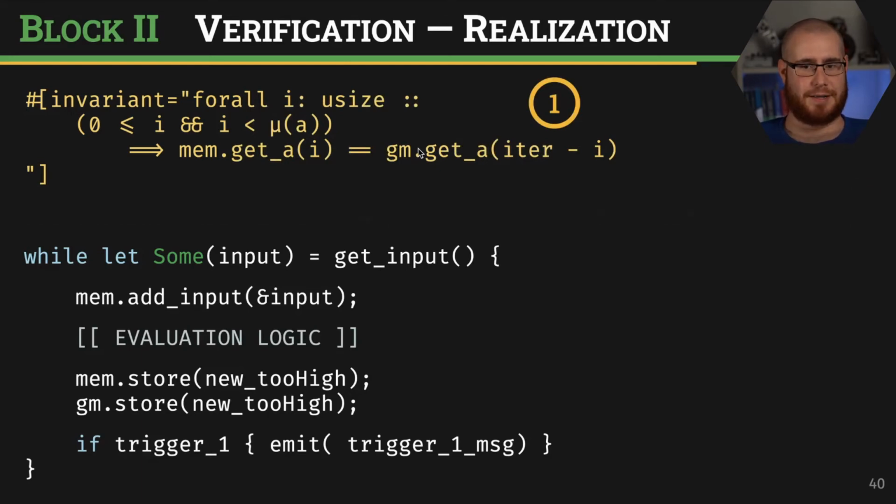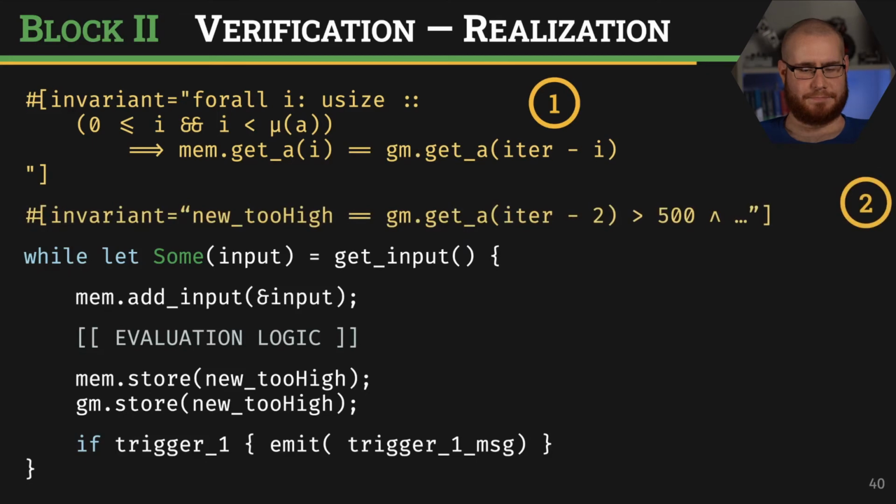And the second part is this invariant here, where we say if we compute a new value for the toHigh stream, then this value here is computed based on the Rust memory. So this is the actual value we would get when executing the code. And this has to be the same as the same computation, but using the ghost memory instead. So this value here is purely theoretical, because we would never compute it since we have no access to the memory in the actual execution.